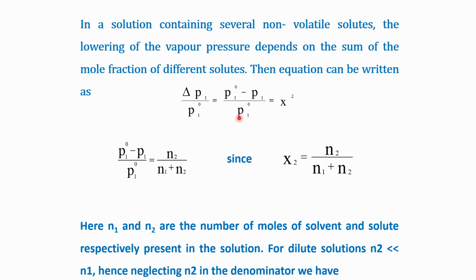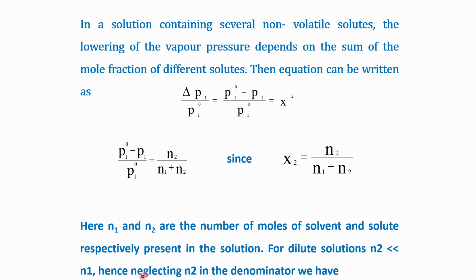Then we can write the equation: delta P1 by P1 naught equal to P1 naught minus P1 divided by P1 naught, which should be equal to x2. That is equal to N2 by N1 plus N2, number of moles. It is essentially the same; instead of concentration we are writing number of moles, since x2 is nothing but N2 by N1 plus N2.